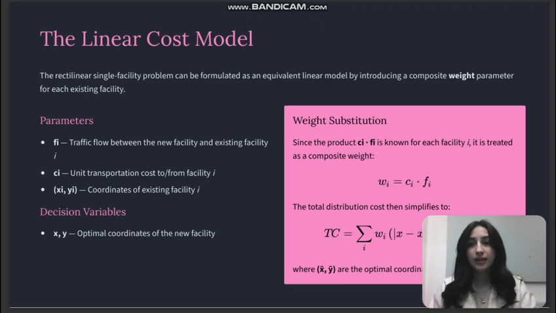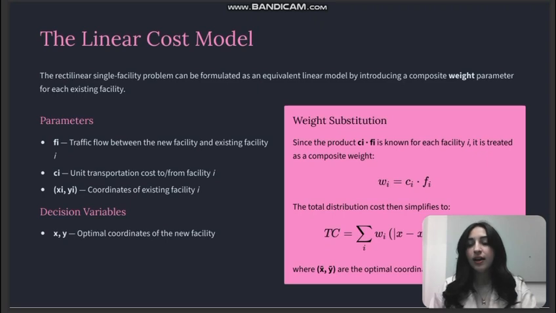Here we have a linear cost model. The rectilinear single-facility problem can be formulated as this linear model, and it introduces a composite weight parameter for each existing facility. Here you can see the parameters. Fi is the traffic flow between the new facility and existing facility i in this example. And Ci is the unit transportation cost to facility i.